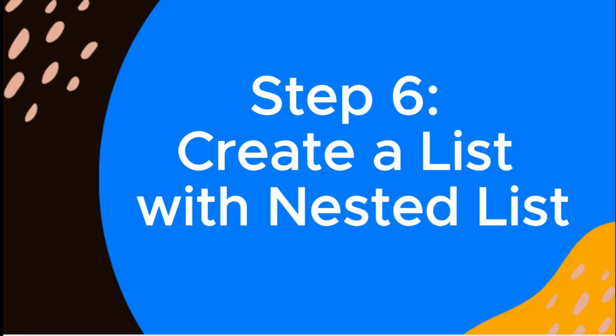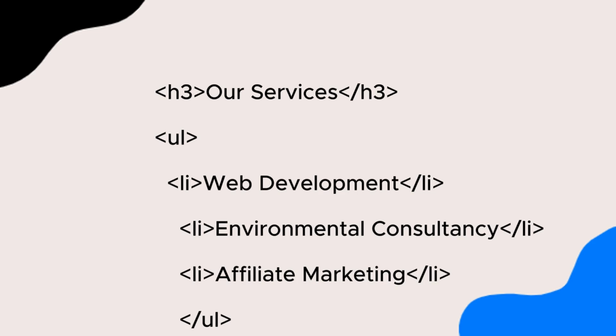So we will now move to the next step, step 6. Create a list with nested list. Here I have my H3 open and close tag. In between it, I will now write our services. Then I will be using an ordered list. Then we now have my open and close ordered list.